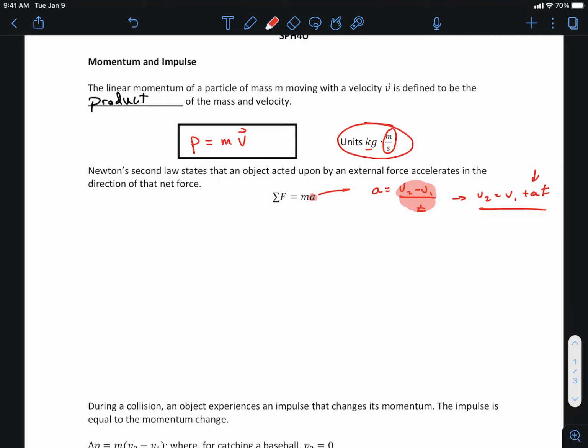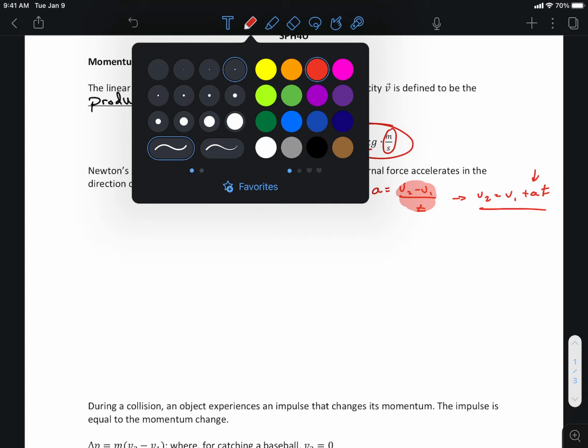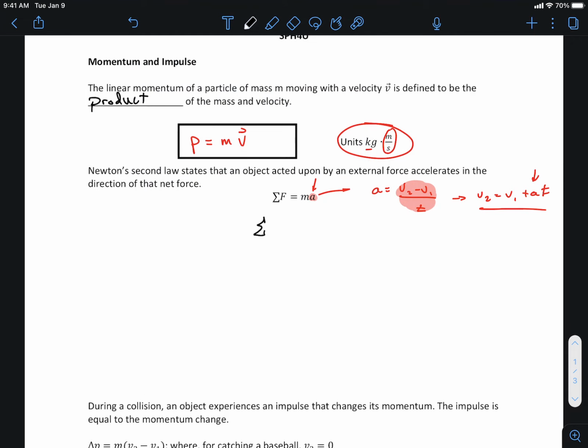We did this somewhere else as well, where we substituted acceleration into F equals ma and derived an equation. That was when we did kinetic energy, so it's very similar. All we're going to do here is try to get rid of the fraction on the right-hand side. I'm going to rewrite this line: the sum of the forces is equal to m times the substitution for the a that we found, v2 minus v1 over t.